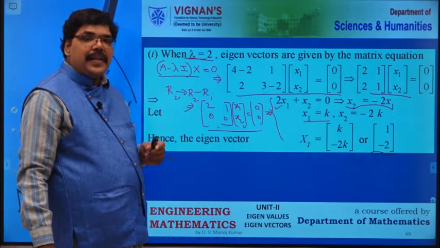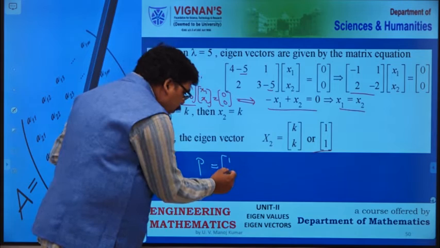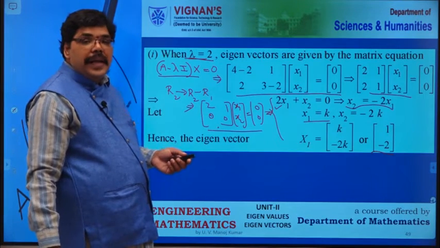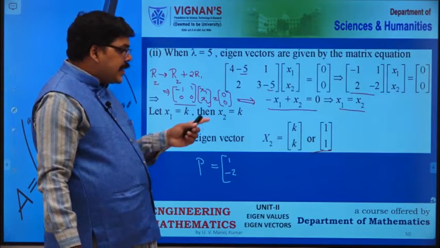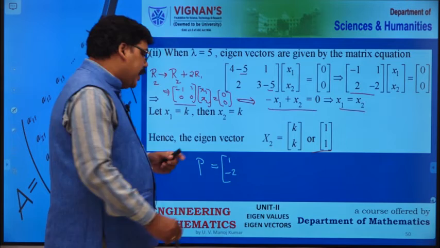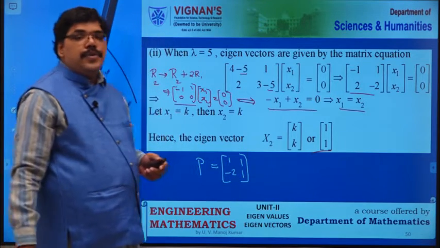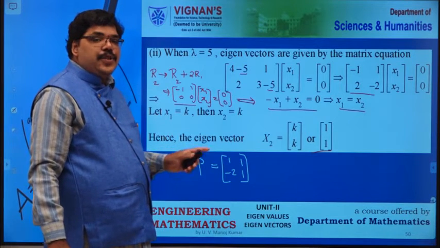The first eigenvector is 1, minus 2. The second eigenvector is 1, 1. So my capital P will be 1, 1, minus 2, 1.